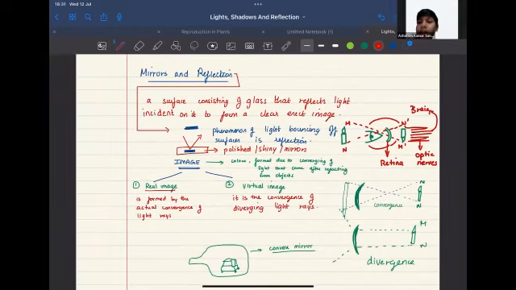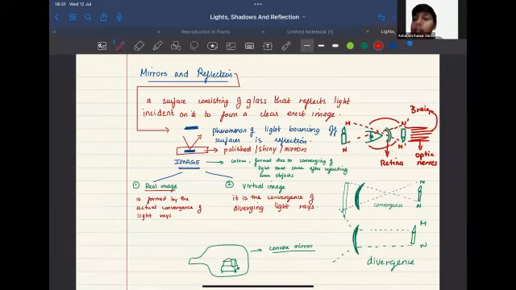Sorry? What is after from a clear? Can you just show me where you're asking? Second, third line, mirrors and reflections.